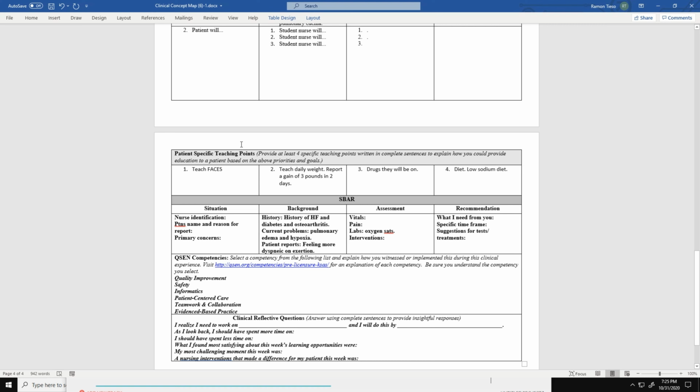So you'll say on here, they've been on oxygen at 3 liters per nasal cannula. Increase oxygen to 5 liters with patient activities.